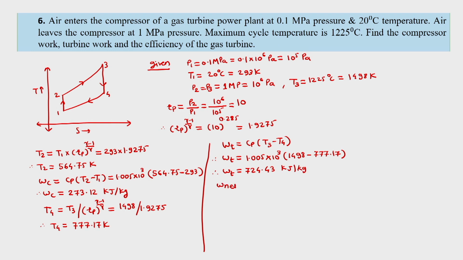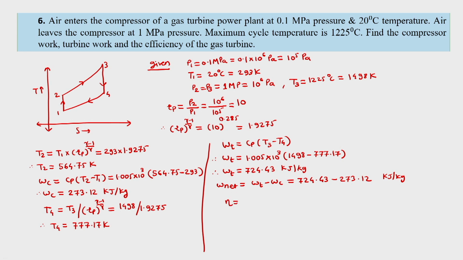So this gives us net work as turbine work minus compressor work, and then that is 1724.43 minus 273.12. So this will be in kilojoule per kg.